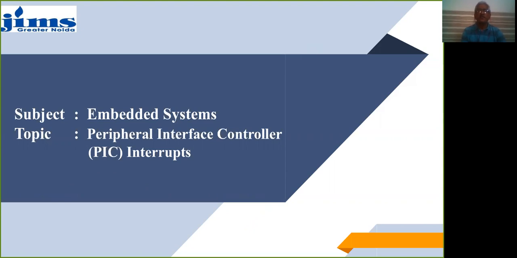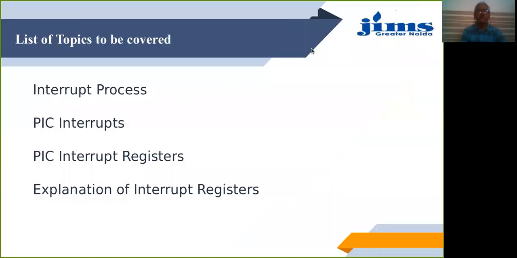In this video, we'll be discussing the PIC interrupts, the different types of interrupts that are available in the PIC microcontroller. The topics that we will be discussing in this video are the interrupt process, how a general interrupt process takes place whenever some kind of device requests the service of the controller.